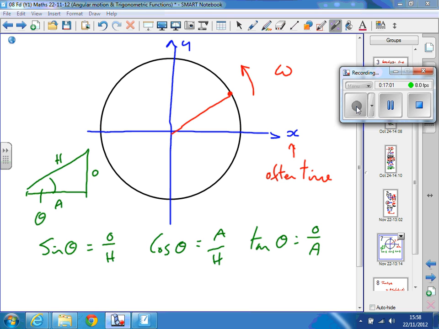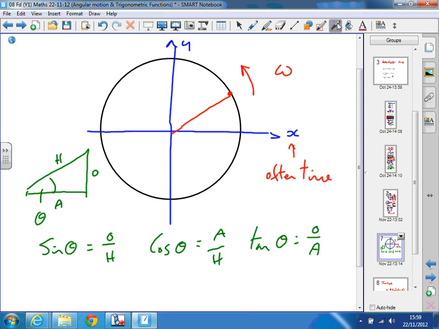So that's telling us something about the length of this vector that's rotating round in a circle. What can we say the length of this vector is? Because when it reaches the top, it's at maximum value, so it must be 1. So on your calculator, all the sine and cosine values that it gives you assume that this is 1. So it's assuming the hypotenuse in this triangle here, the green triangle, is 1.